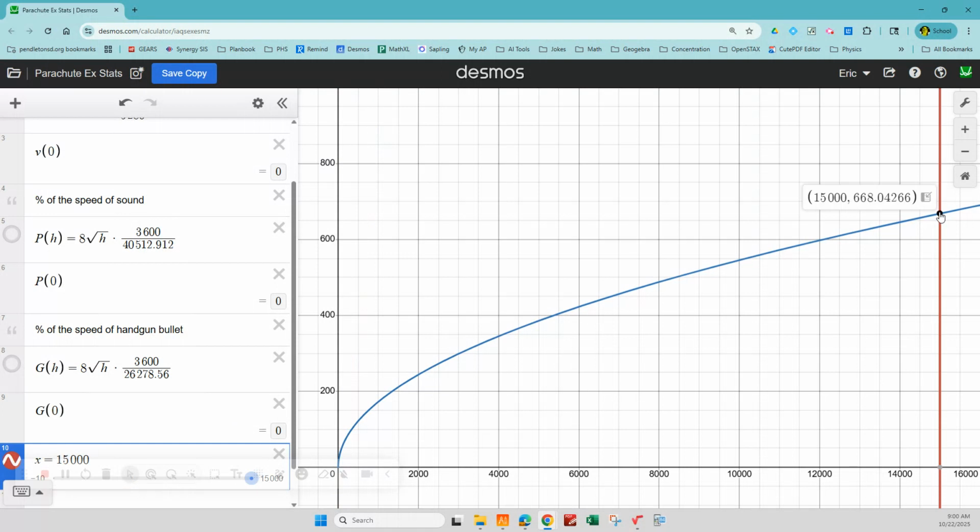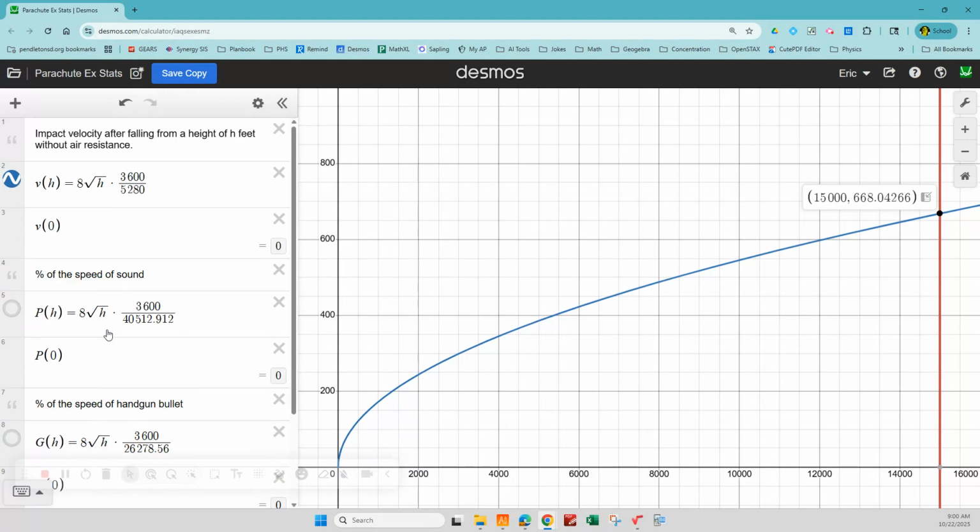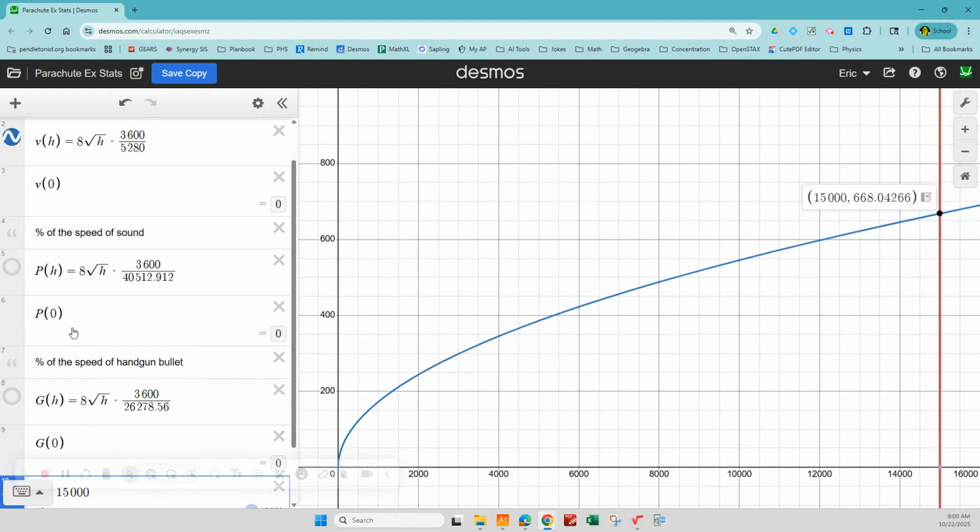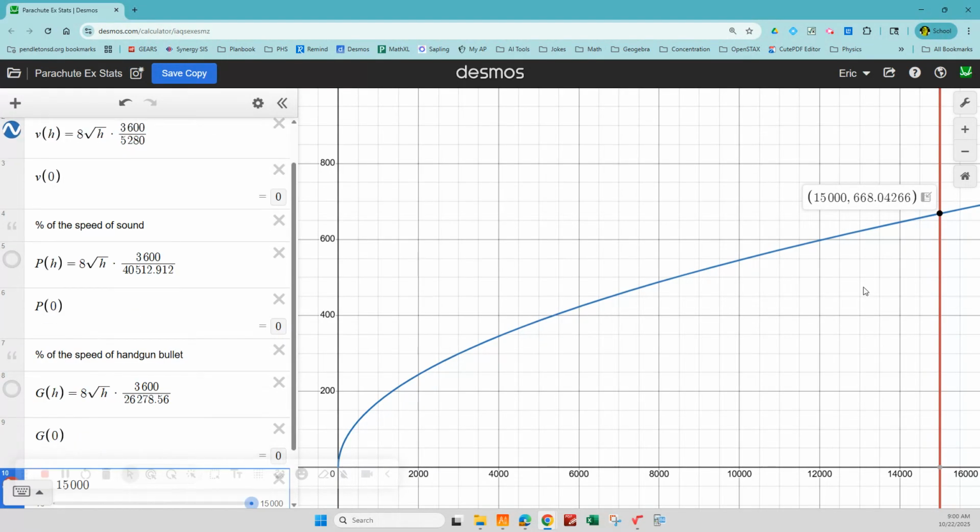Let's see, it looks like we would have a velocity when we hit the ground of about, what units am I using here? I think I'm using feet per second. So we'd hit the ground at about 668 feet per second. That's pretty fast.